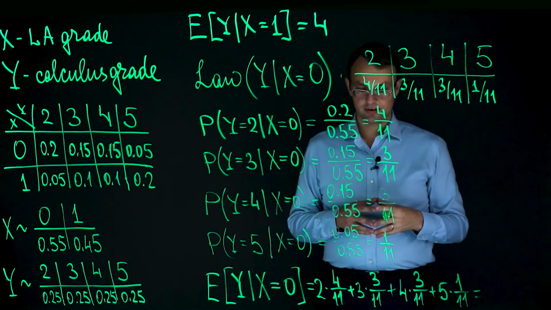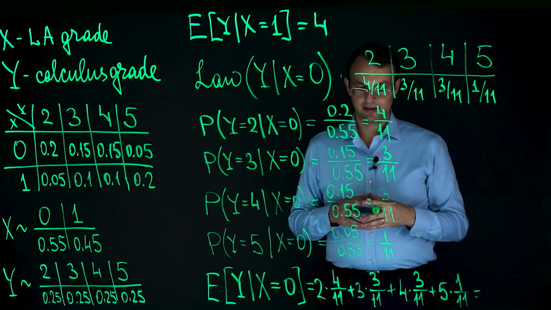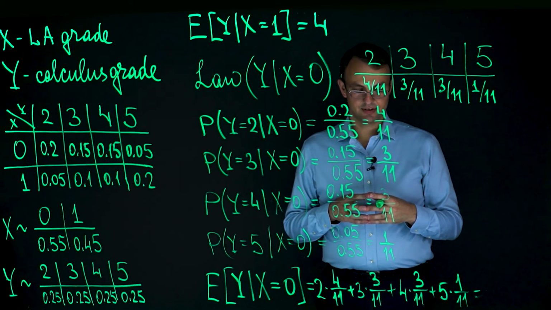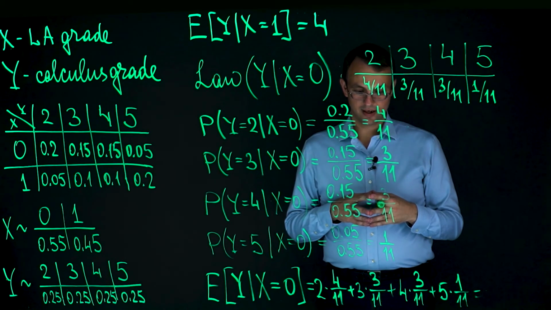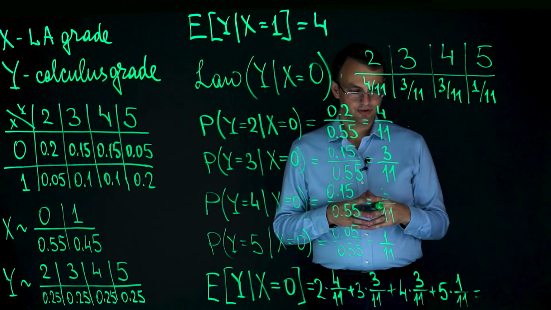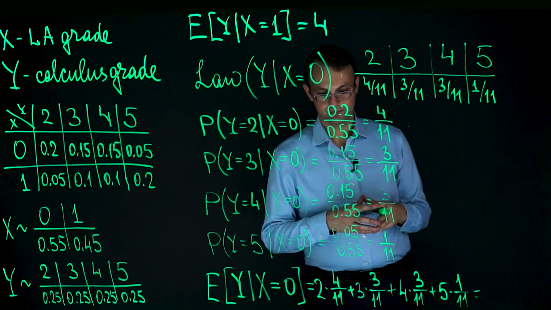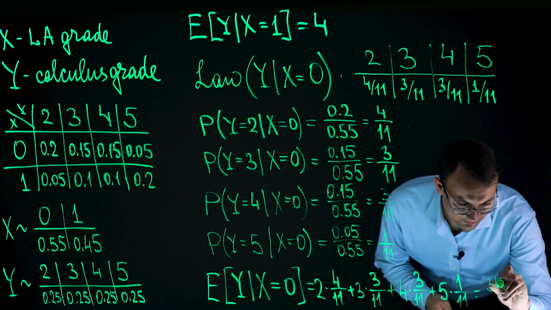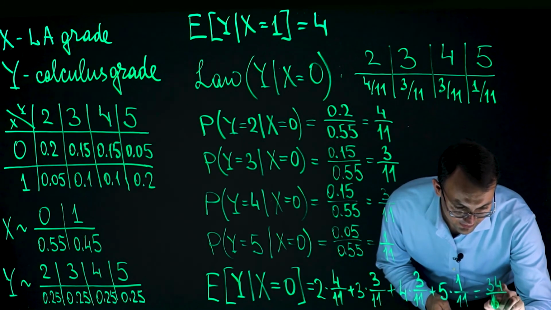That is 8 plus 9, 17, plus 12, 29, plus 5, 34. 34 over 11.